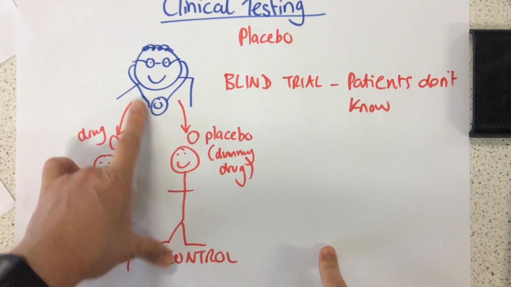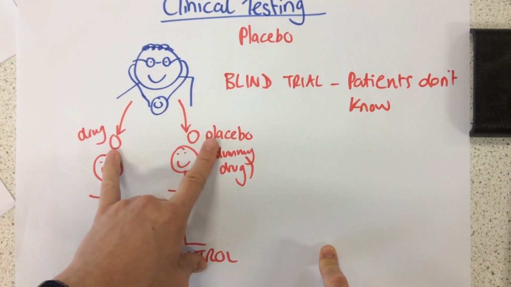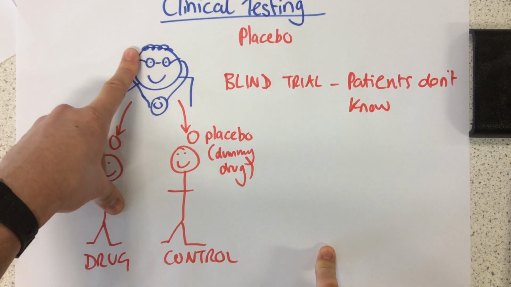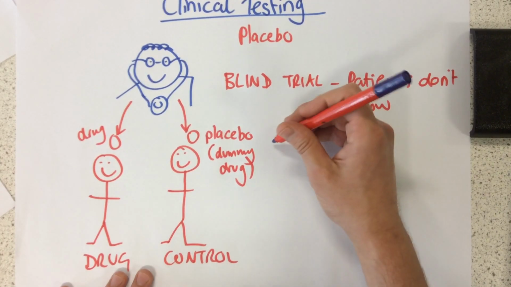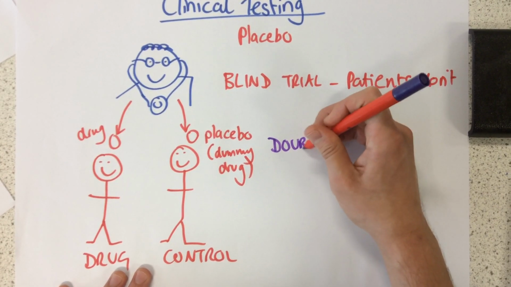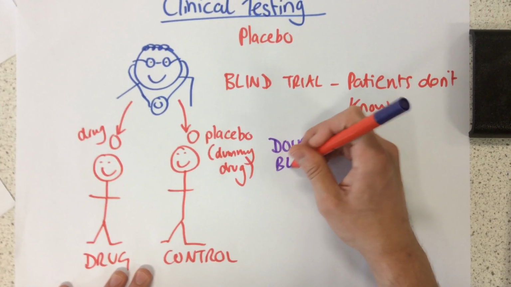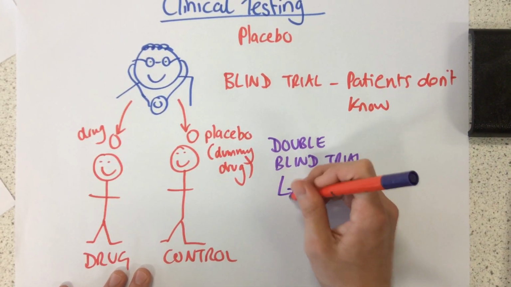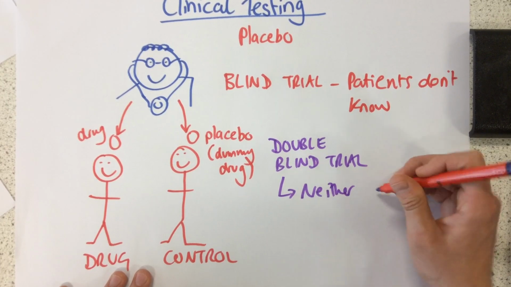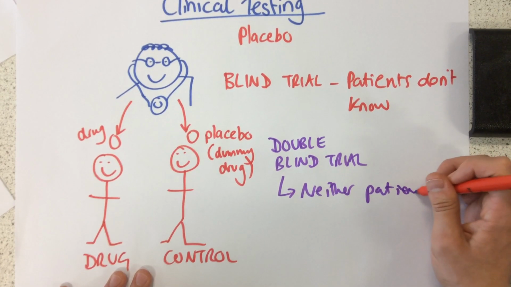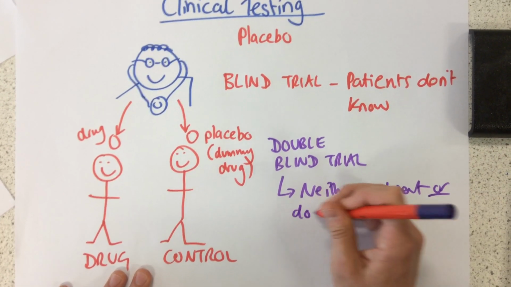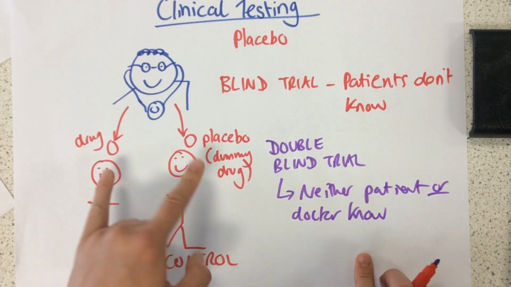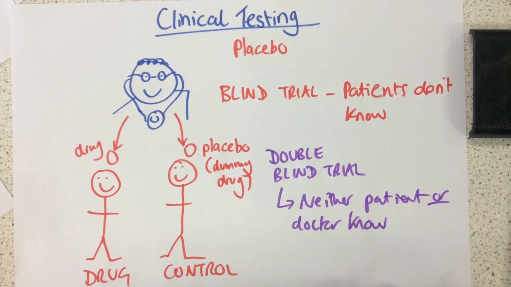We actually go a step further because the doctor, if they know which group is which, might be influenced subconsciously in their results as well. So what we actually have is something called a double-blind trial. Now, what this is, neither the patient or the doctor know which group is the drug group and which group is the placebo group.